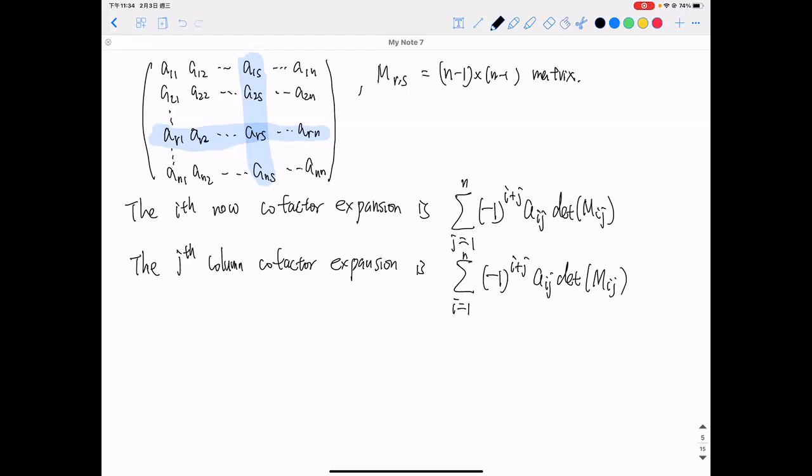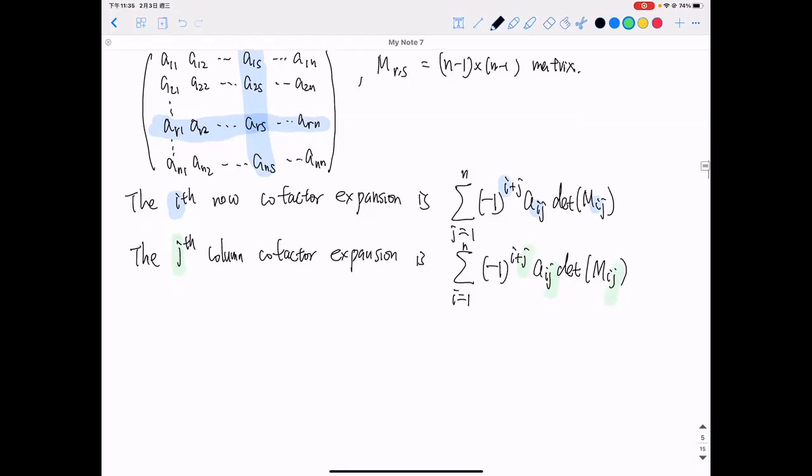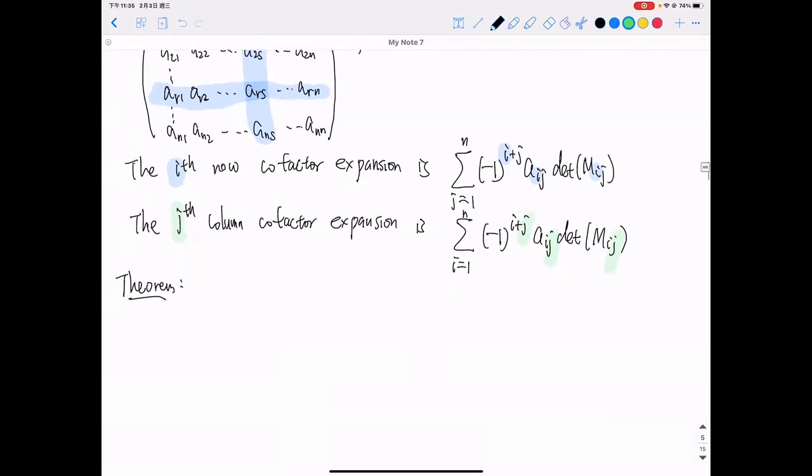So let's highlight this. If we're looking at the ith row expansion, i is fixed, j is running. If we are looking at the jth column expansion, j is fixed, i is running.